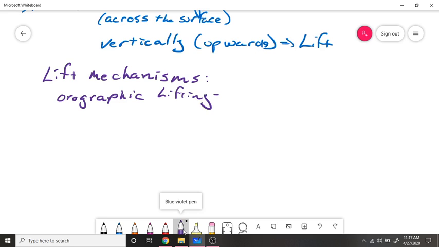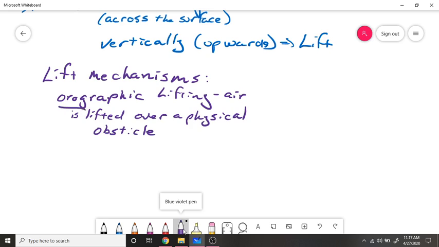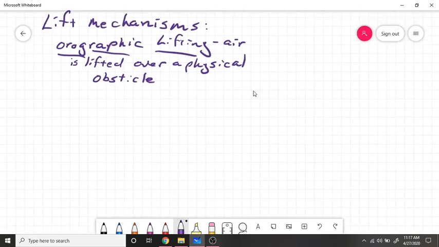Orographic lifting occurs when air is lifted over a physical obstacle. What does that look like?